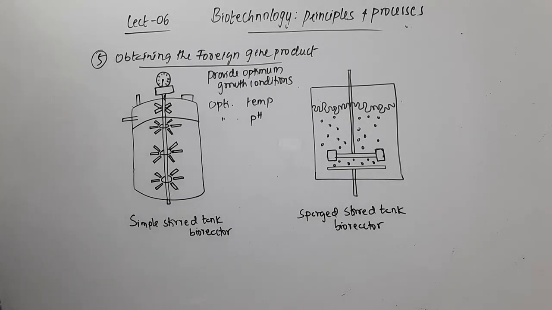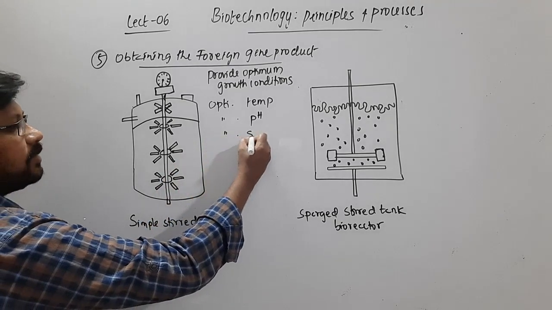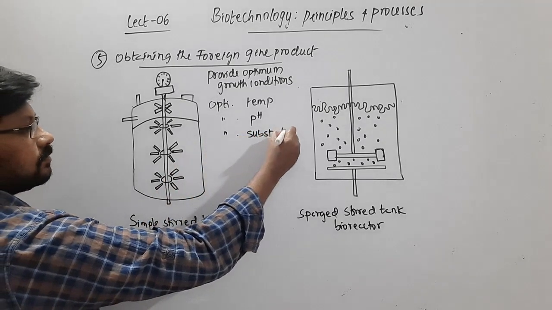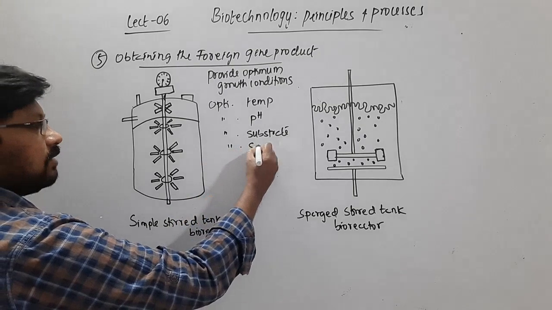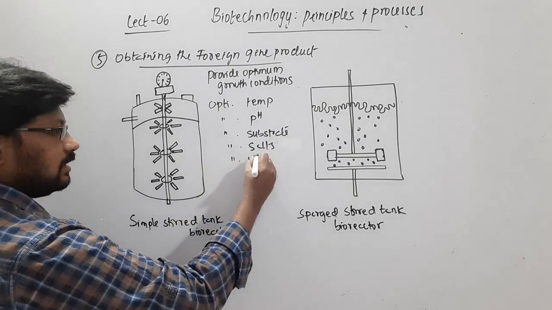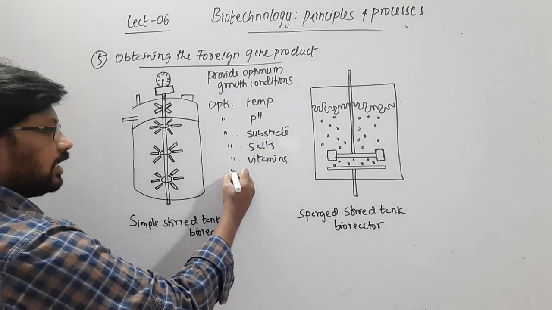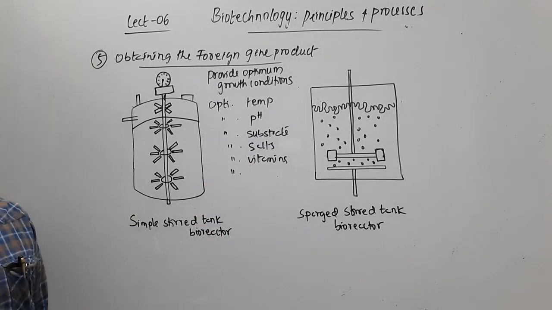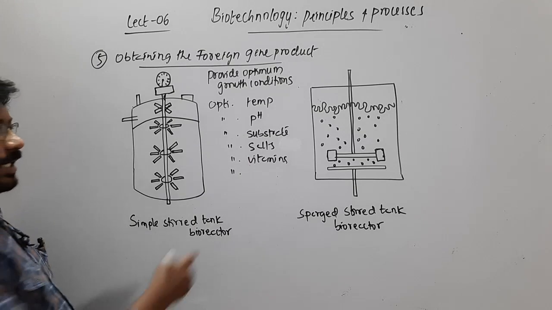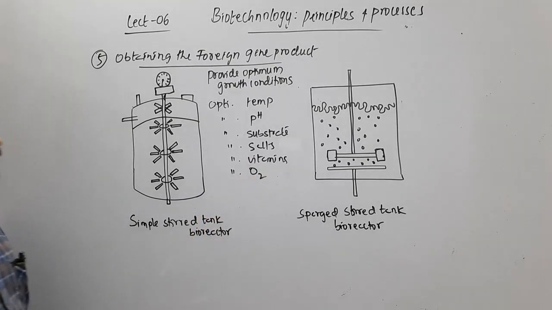Then the optimum substrate is provided in the reactor, and optimum salts and vitamins, whatever is required for the growth of these microbes inside the bioreactor, including oxygen.